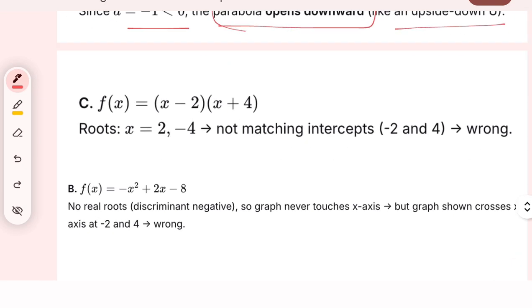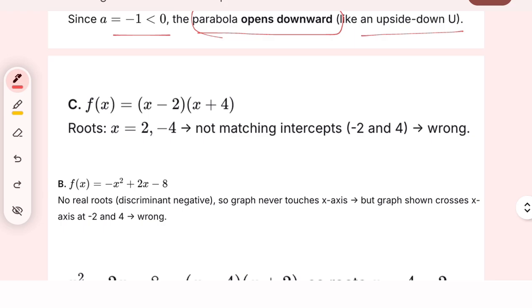Let's go for letter C. Letter C has this equation: f(x) is equal to (x minus 2) times (x plus 4). We can compute the roots for this, right? If you equate this to 0, x minus 2 equal to 0 and x plus 4 equal to 0, you can solve for x equal to 2 and x equal to minus 4.